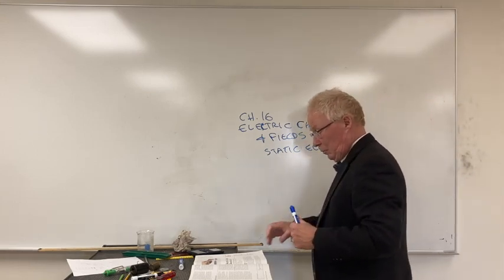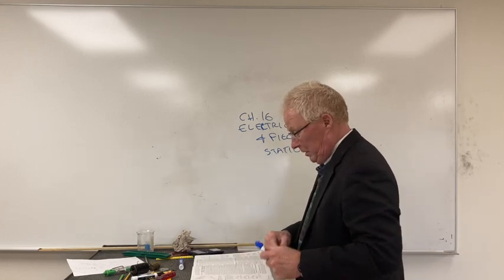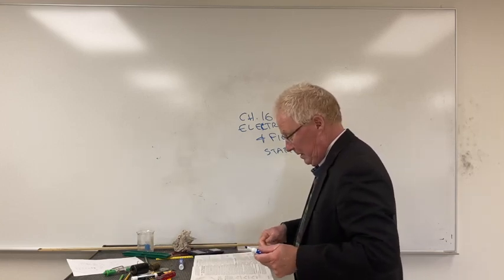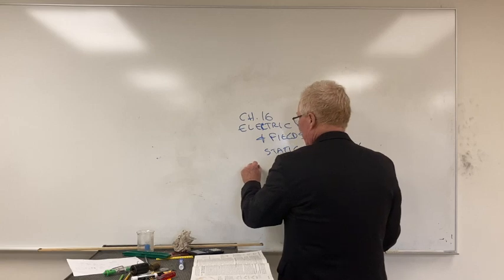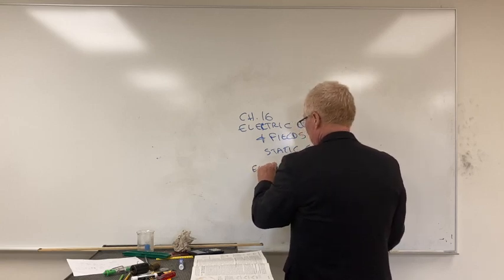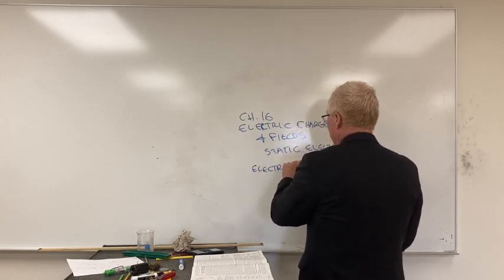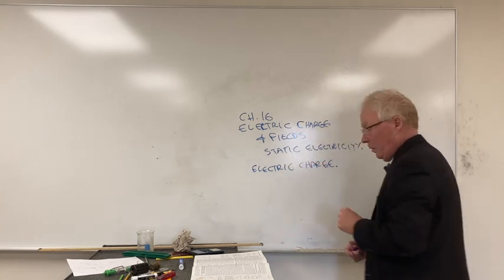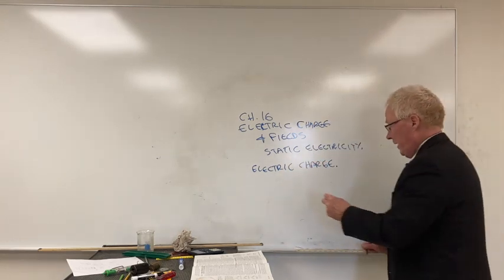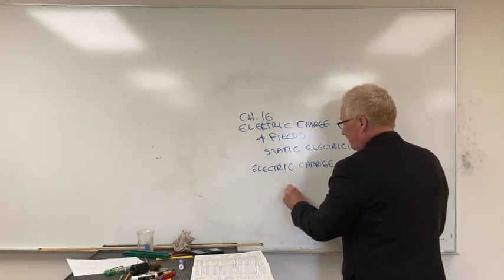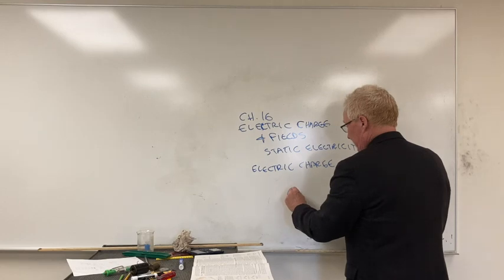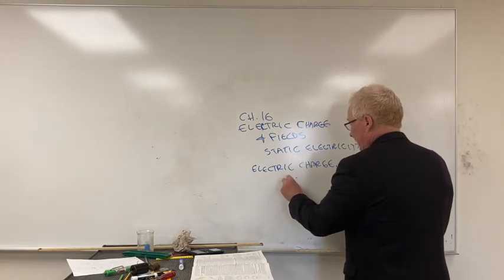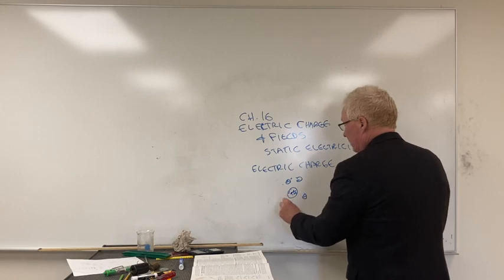All right, so for chapter 16 we have the concept of electric charge. What we now know is that for any atom, you have the nucleus, which is positively charged, and you have the electrons, which orbit somehow.